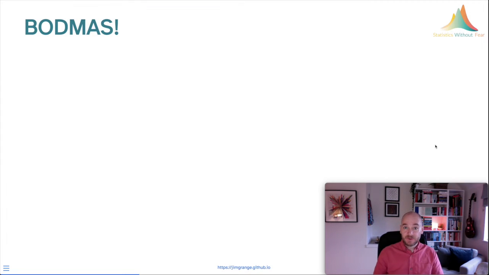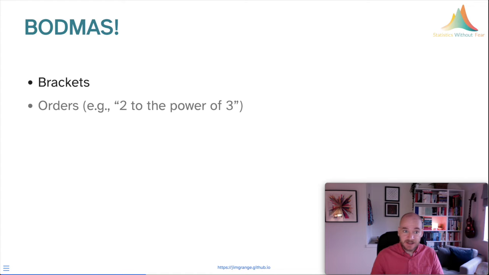When you're combining multiple arithmetic operations in one, just like we saw in that final prompt, you need to be aware of the so-called order of operations. In the United Kingdom, we learn this via the acronym BODMAS. So R will calculate any expression that you put into the console in the following way. First, it will deal with any computations inside some brackets.